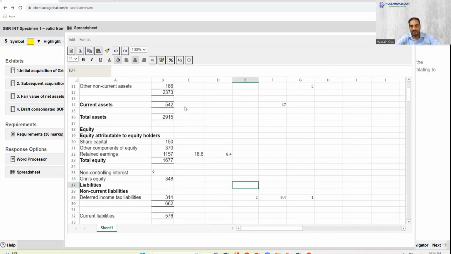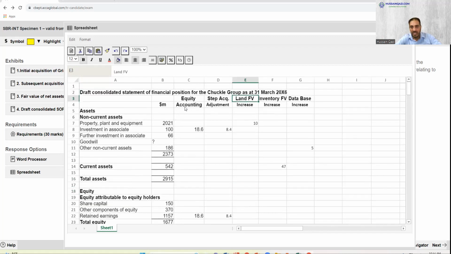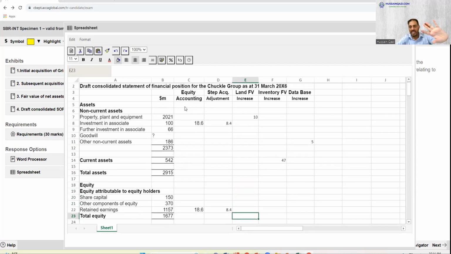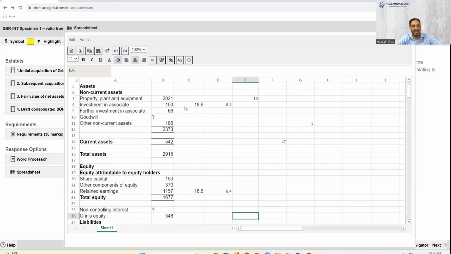So I hope it's clear that first we have incorporated the data of fair value adjustment. That's all asset increases. And then the deferred tax liability increases. So asset also increases, liability also increases. Net effect, asset and liability automatically incorporated with the equity.